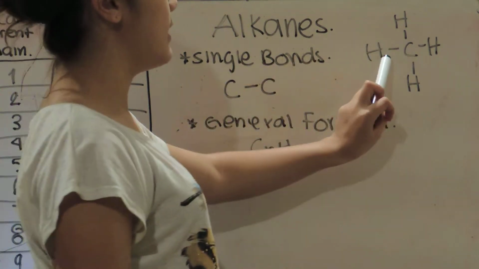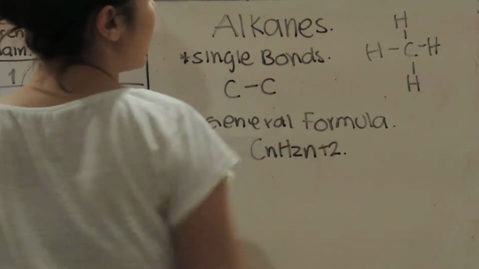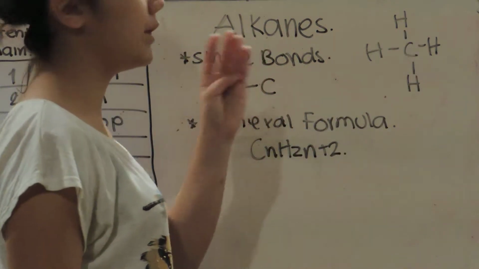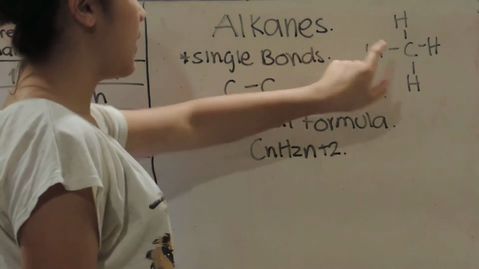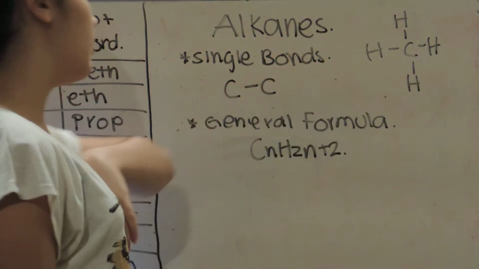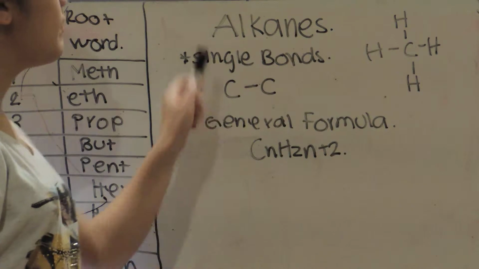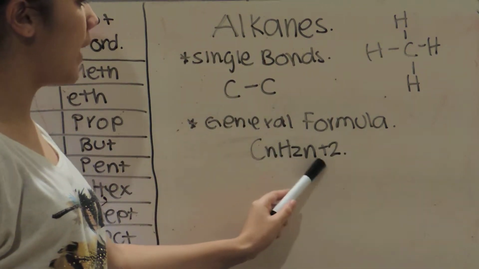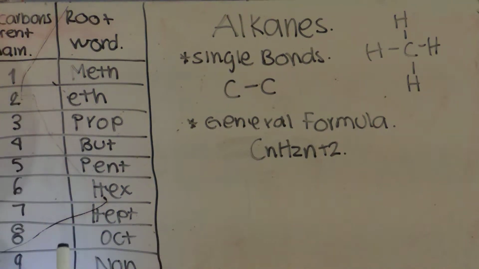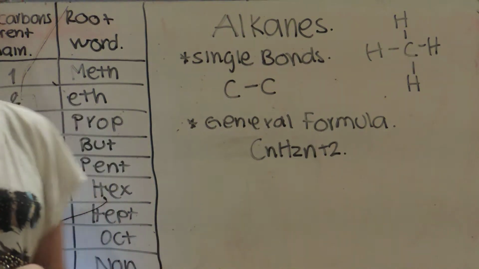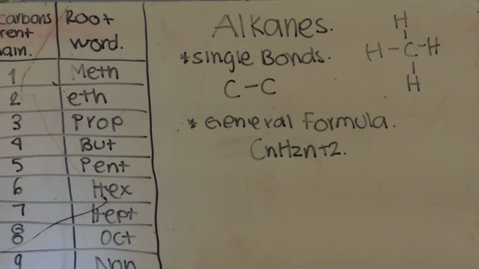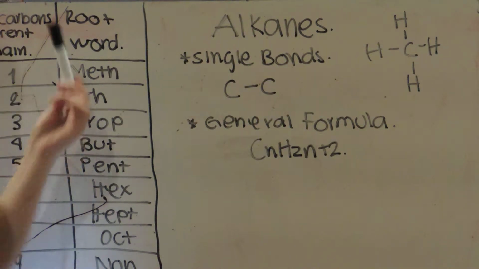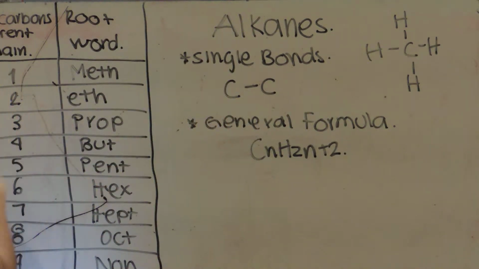For example, in this, we have a carbon, and as we know, the carbon can only have 4 bonds, and here we have the 4 single bonds. The general formula of alkanes is CnH2n+2. On my right side, I have a table that we're going to use later, which has the number of carbons of a parent chain and our root word.